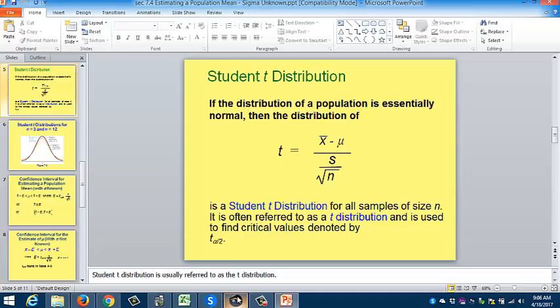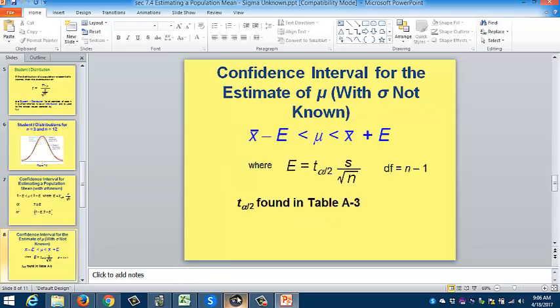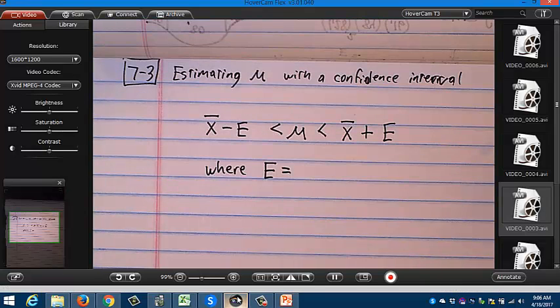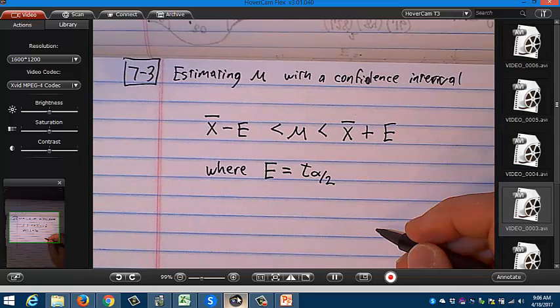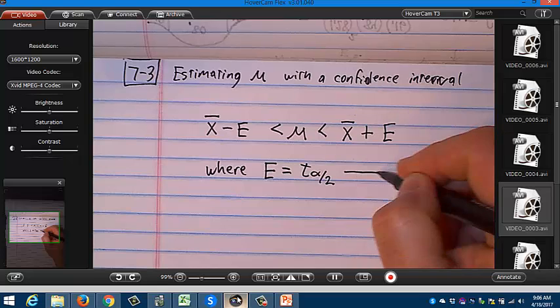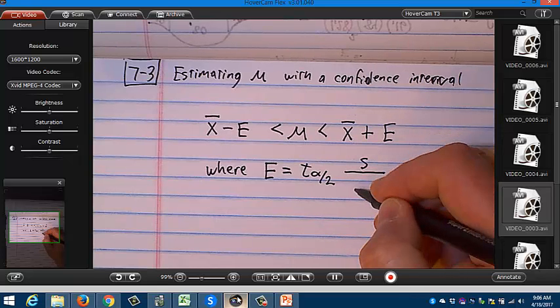So let me skip ahead to the formula. E doesn't equal z alpha over 2. It equals t alpha over 2 times s divided by the square root of n. So let me write that down because that's new to us. E equals t alpha over 2 times s divided by the square root of n.